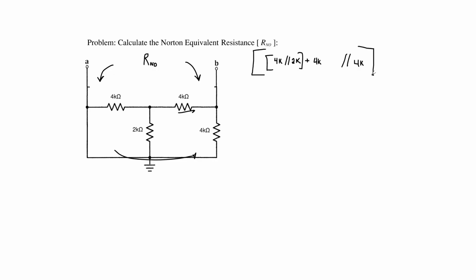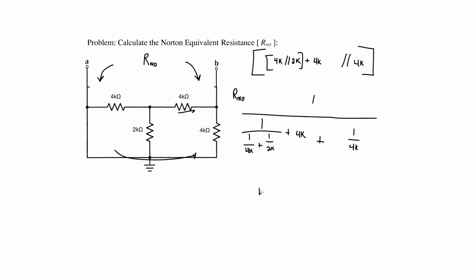Now, solving accordingly, we can write the equation as follows. 1 over 4 kiloohms plus 1 over 2 kiloohms, and the reciprocal of that summation, plus 4 kiloohms, plus 1 over 4 kiloohms, all over 1.